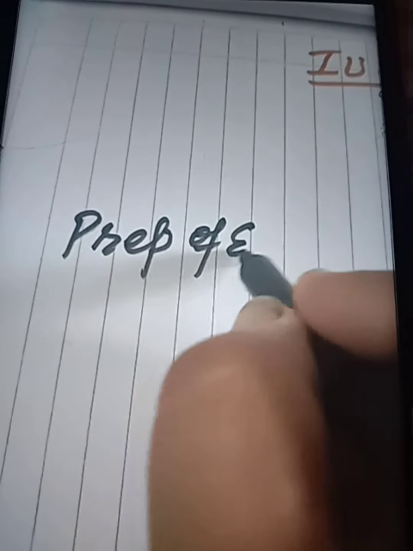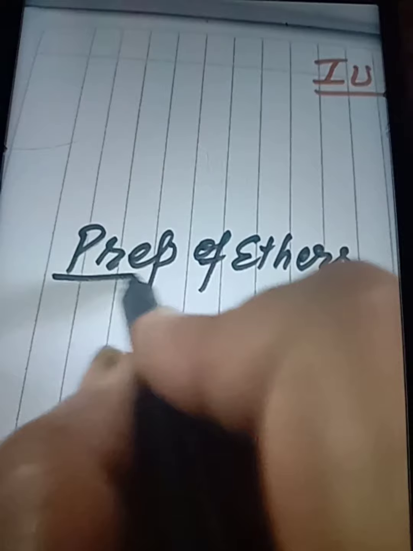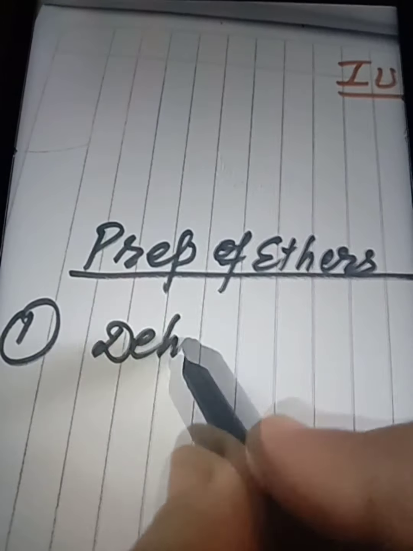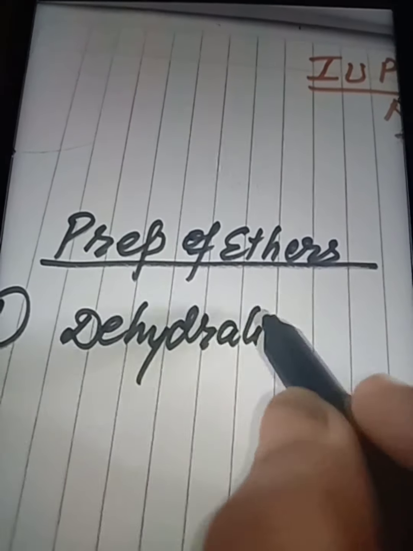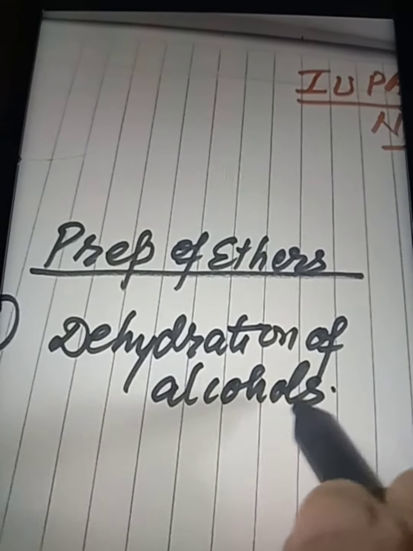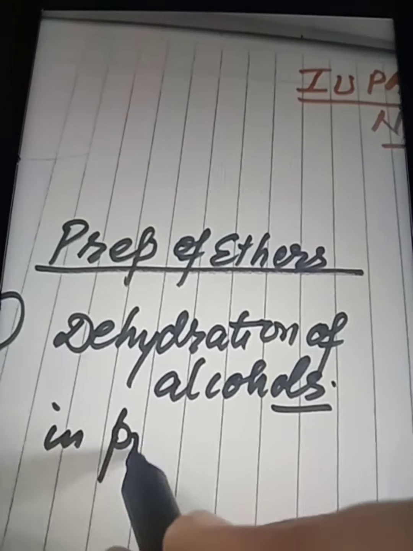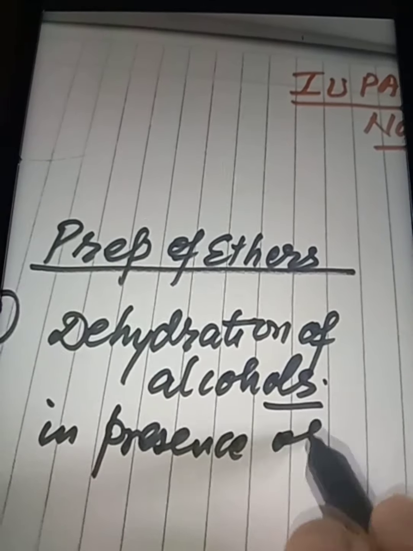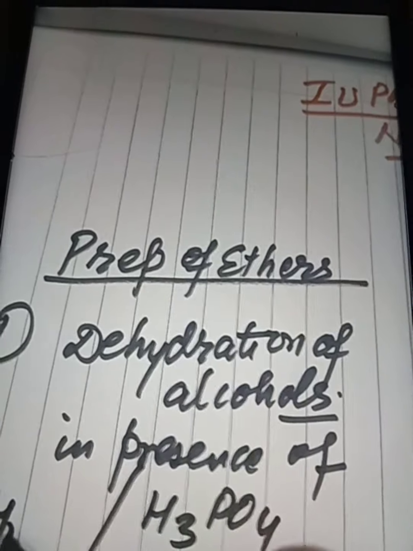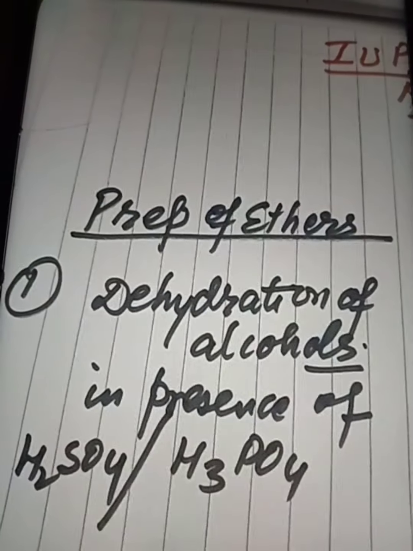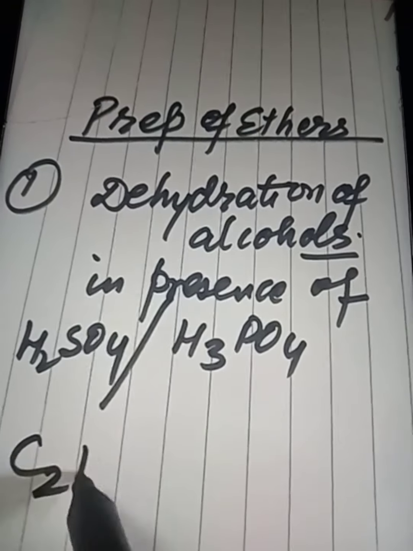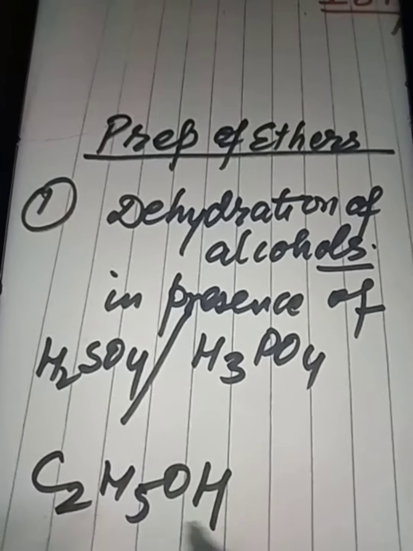Now, preparation of ethers. We can prepare ethers by dehydration of alcohols in presence of protic acids. For example, H3PO4. It may be H2SO4. These are protic acids because they furnish protons. I am giving you one example. Ethyl alcohol, very important alcohol.